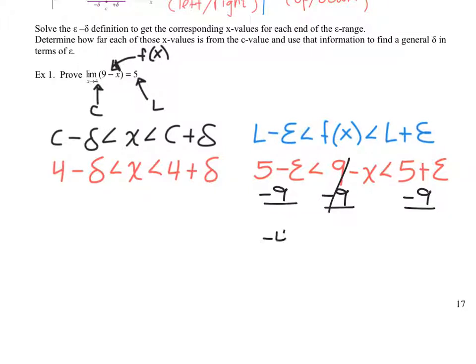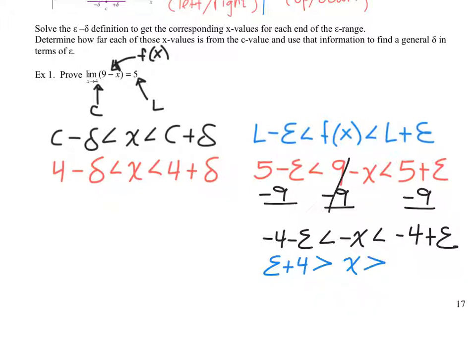We're looking at -4 minus epsilon less than negative x less than -4 plus epsilon. Then I'm going to divide everything by -1, which is going to reverse the sign on everything. So 4 plus epsilon greater than x, greater than negative epsilon plus 4. Probably should have left it the other way, but I didn't, so here I am.